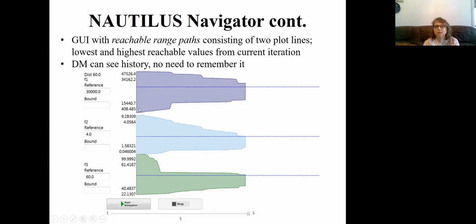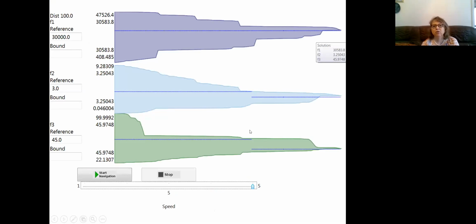And the nice thing is that in this kind of a user interface, one can see the history. One does not have to remember what one saw in the past, but it's all visible. And here is the case when the decision maker provided some new references, and then eventually we reach the Pareto optimal set, so we get a single solution once we let this run till the very end of the search process.